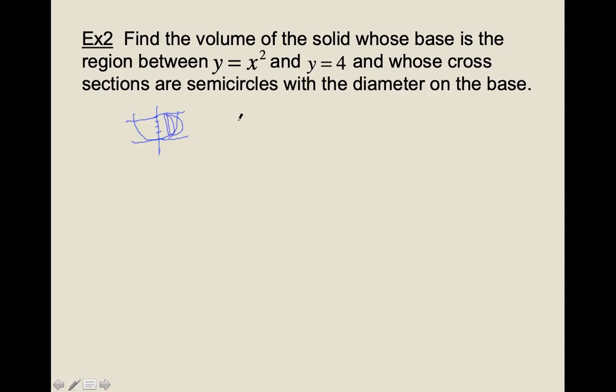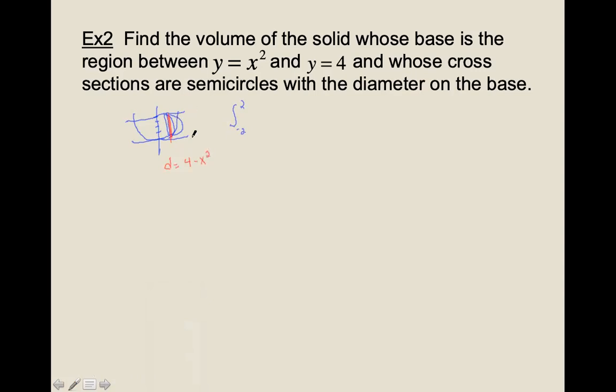All right, so now we still have our integral. Our integral is still going from -2 to 2. But now if I look at my representative rectangle here, my representative rectangle is the diameter. That's how tall that is. So the diameter is the difference between the two curves. So my diameter is 4 minus x squared.